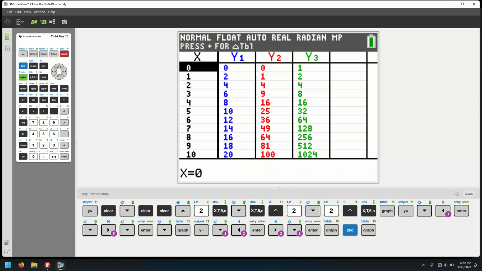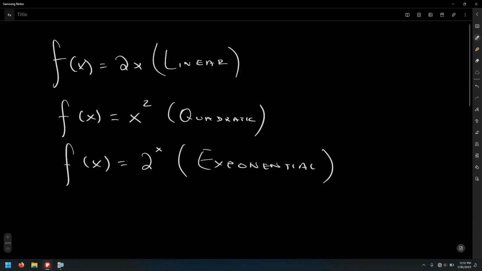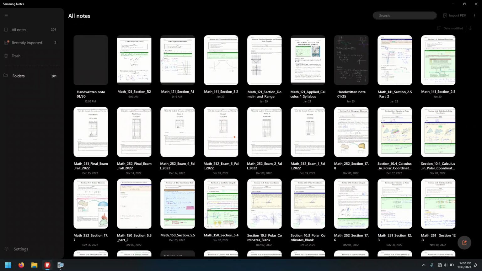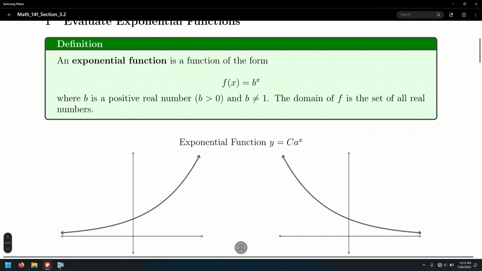And like any other function, we plug in values for x to get those values of y. There's really no difference in the way we work with these exponential functions.